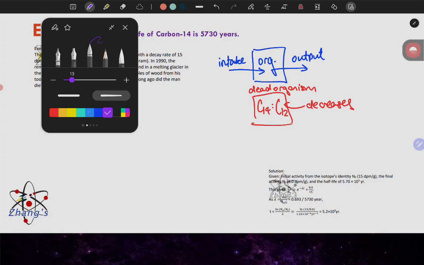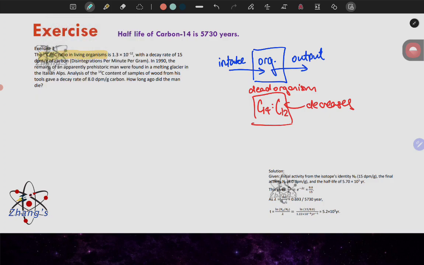So now that you have a basic understanding of the premise behind how carbon-14 dating works, you can look at this question here. It says that the carbon-14 to carbon-12 ratio in living organisms is 1.3 times 10 to the power of negative 12. So what that tells you is that for most organic life on Earth, and in the atmosphere as well, the carbon-14 to carbon-12 abundance is on the order of magnitude of 10 to the power of negative 12.